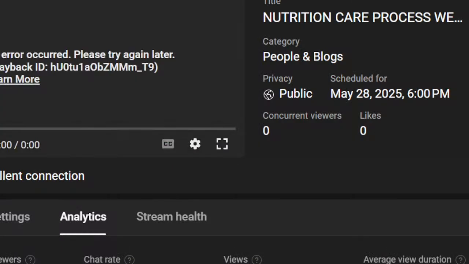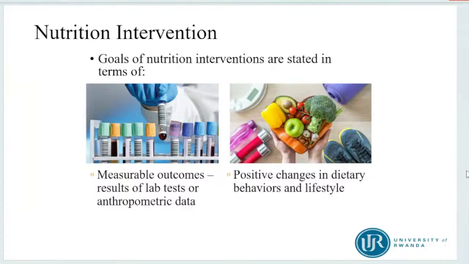All right, so we are saying that our goal of interventions should be stated in measurable outcomes, as I said. So the goal you are communicating to the client or patient should be measurable.